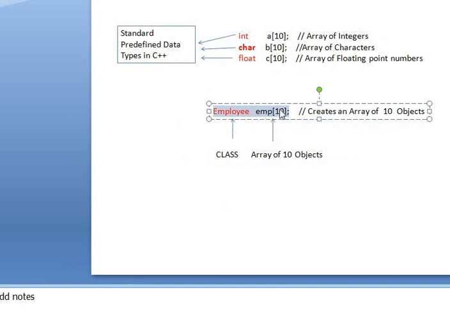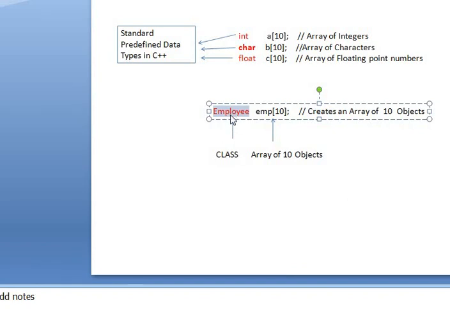Now if you look at this particular statement, here EMP represents an array of 10 objects because they fall under a class known as employee. So each of these 10 objects, starting from EMP0, then EMP1, then EMP2 till EMP9, shall be of type employee.